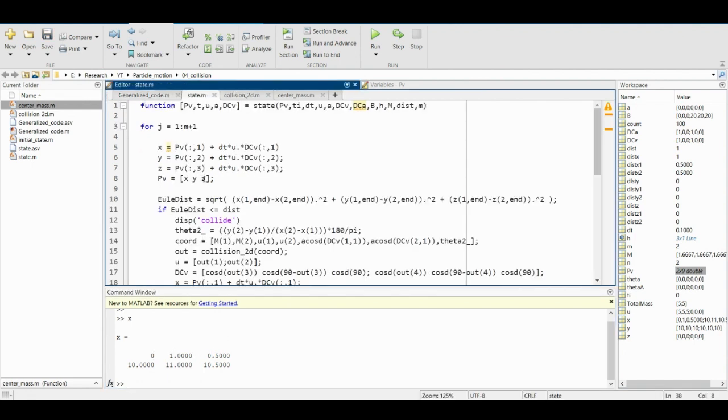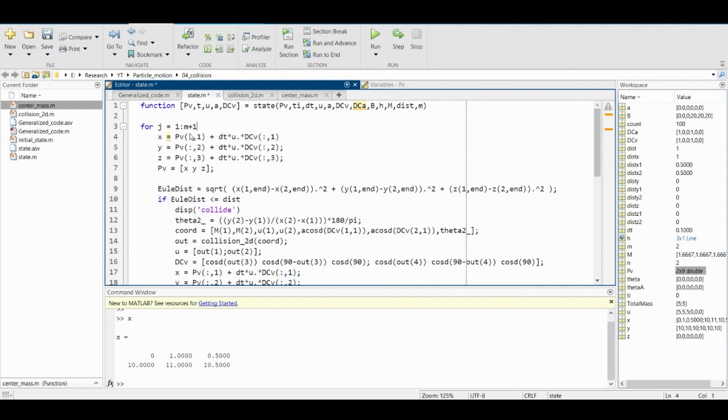So this is wrong. What am I doing? It's working like this, this is wrong. So I would go for j is equal to 1 to m. DC errors first.